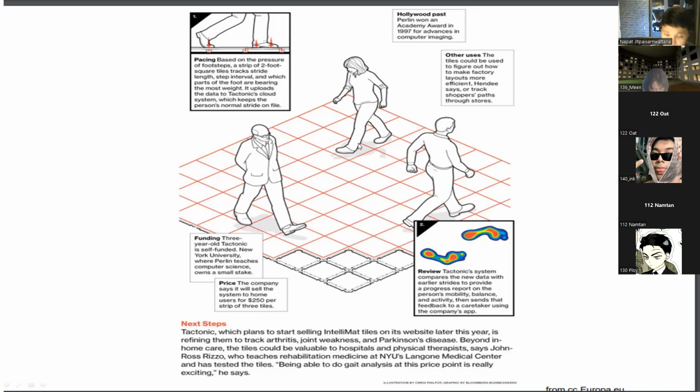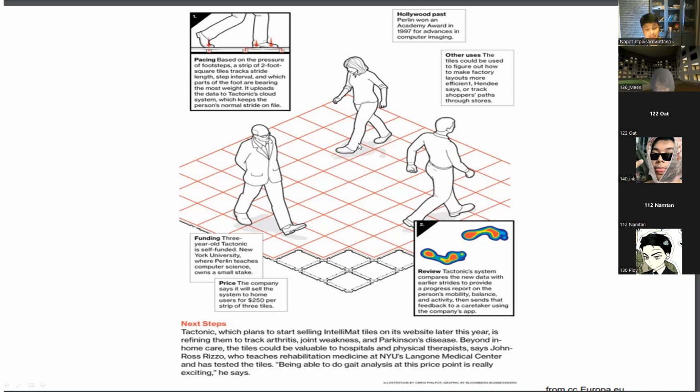And when you put this into a room, the floor can detect if the manner that you walk is changing, right? And if it is changing, then it may mean that something is not right with you. Then it again can send a signal back to your doctor, so they can just call and say, hey, I think the way that you walk may not be normal, so please come in and have a look.